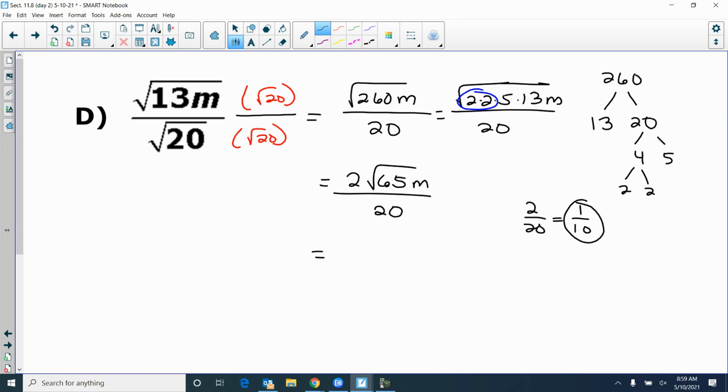So that means that becomes 1 square root of 65m over 10. You don't have to put the 1. For a lot of you, you just make it square root of 65m. So that 1 doesn't have to be there. If you got it there, it's okay.